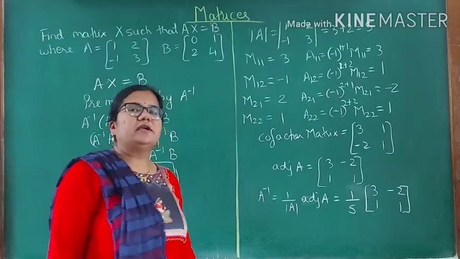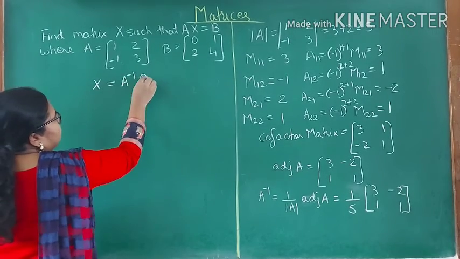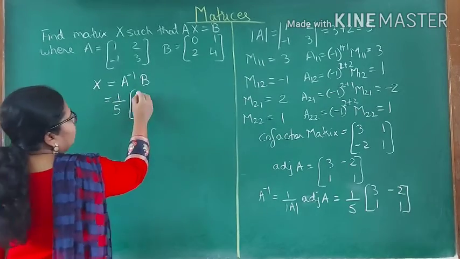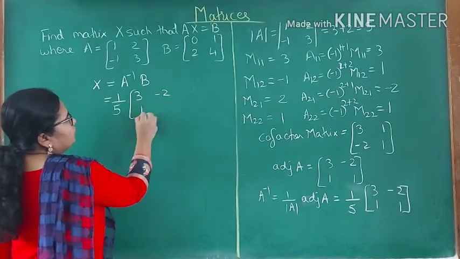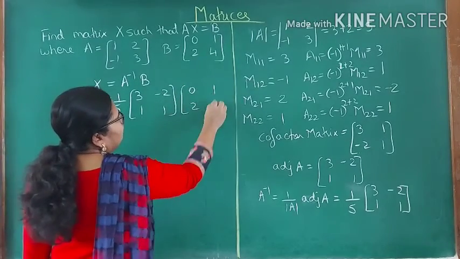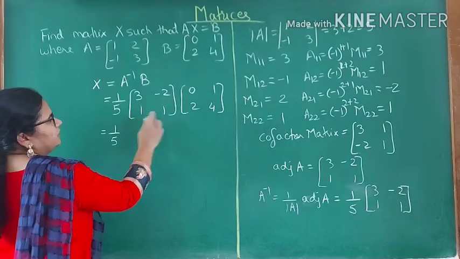So this is your A inverse. Having found A inverse, we will find X. What is X equal to? A inverse into B. So 1 upon 5 into 3, minus 2, 1, 1 into B, which is 0, 1, 2, 4. 1 by 5 I will keep as it is and multiply these two matrices.